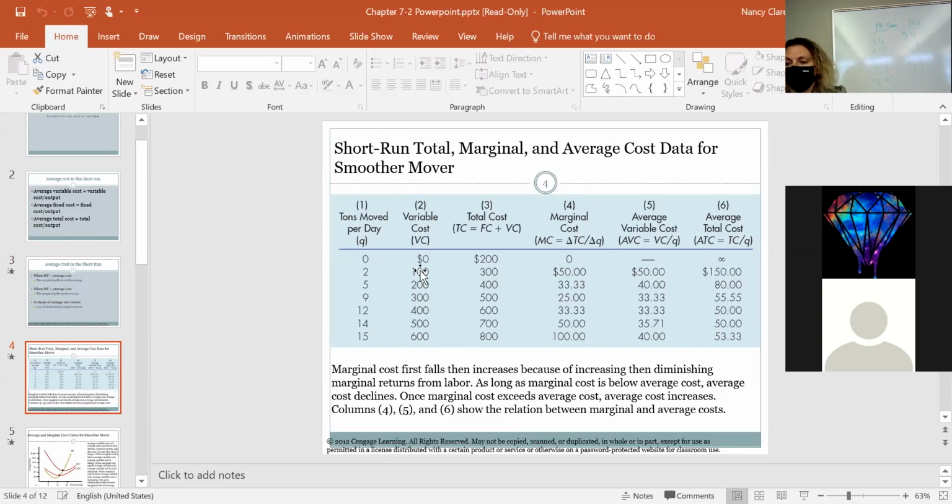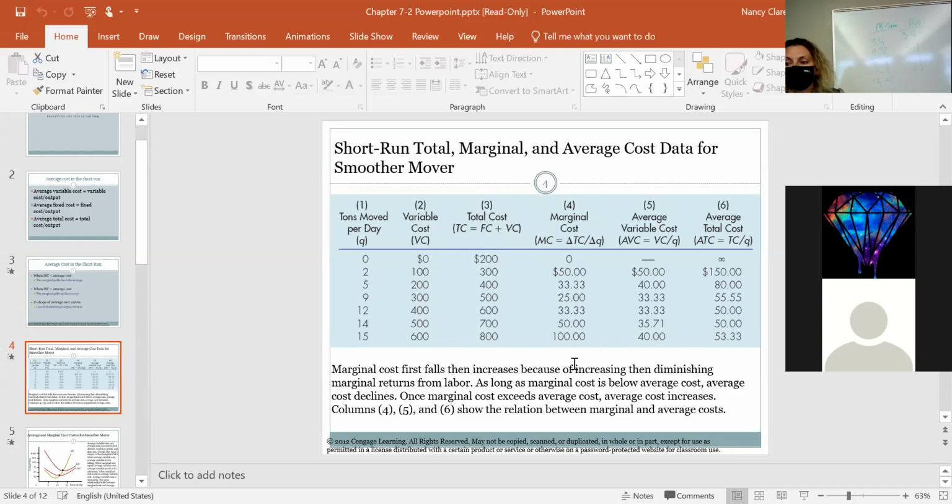We know that fixed cost is 200, just because this is a continuing example, but on your worksheet, I'll give you the dollar amount. And then you will add together variable plus fixed to give you total. All of your little equations on how to calculate your different columns are going to be up here.